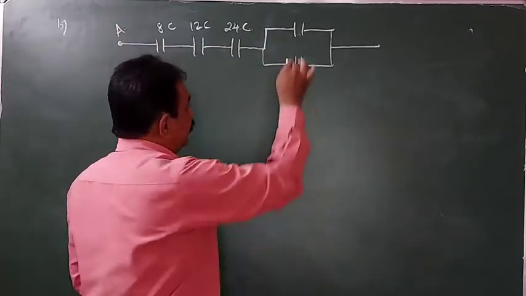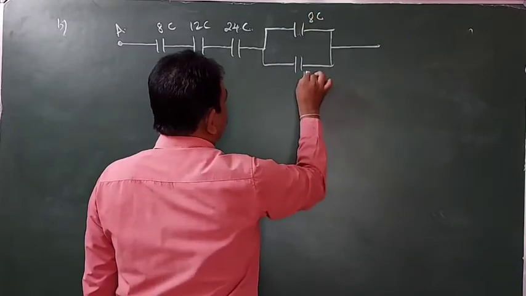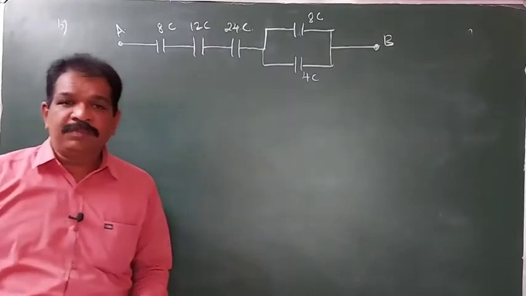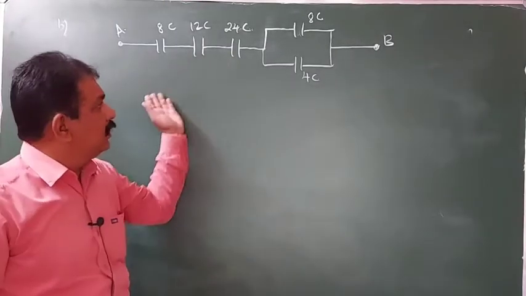Here it will be 8C. Here it will be 4C. Find the effective capacitance between A and B.